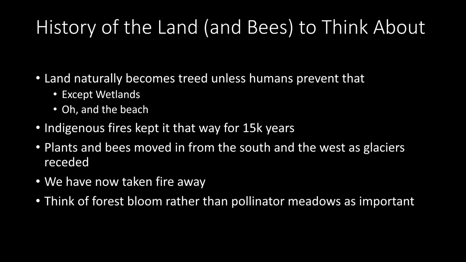But everything else, including our shale barrens up in Maryland, and some in Virginia, and the sand barrens on the eastern shore, all these places that we think of as always open, those would all be trees.